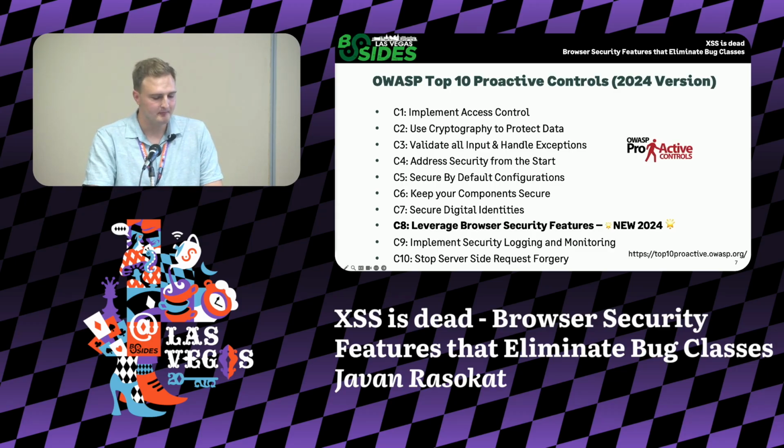But I wanted to show you number 8, which got added in the last version last year, and is about leveraging browser security features. So we now see there's indeed something happening, which we should take a deeper look at during this talk.